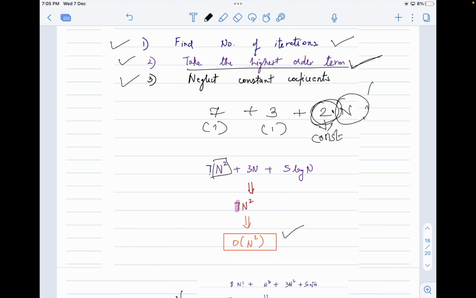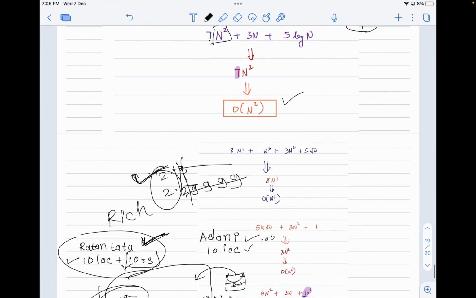So n can be your time complexity, and you can neglect the coefficient 2. It is a constant coefficient. Whatever n is coming, this will be the constant 2. That's it. So let's talk about more examples.